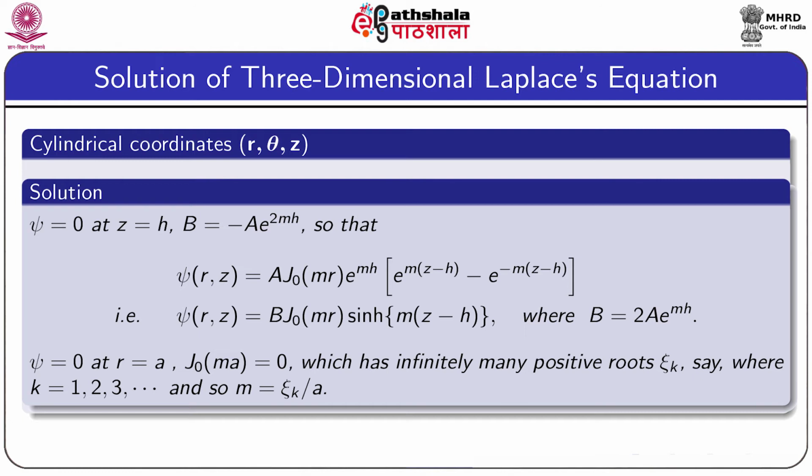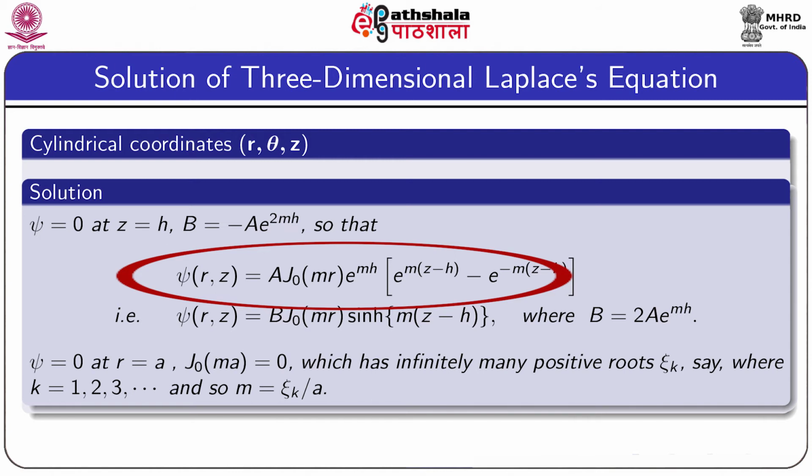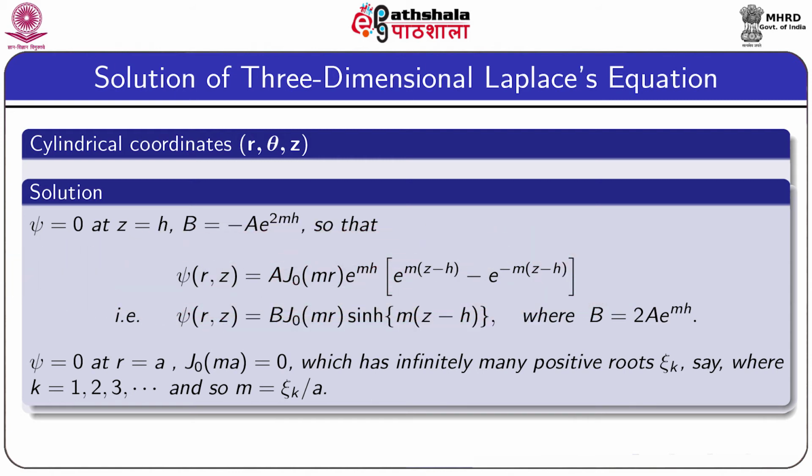So, substituting the value of b in the solution psi(r, z), we get a J0 e^(mh) [e^(m(z-h)) - e^(-m(z-h))], or it can be written in the form psi = B J0 sinh(m(z-h)), where B = 2a e^(mh).